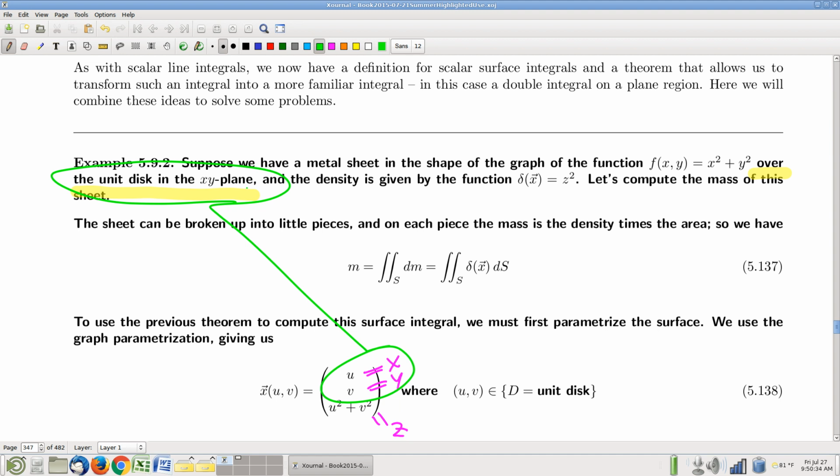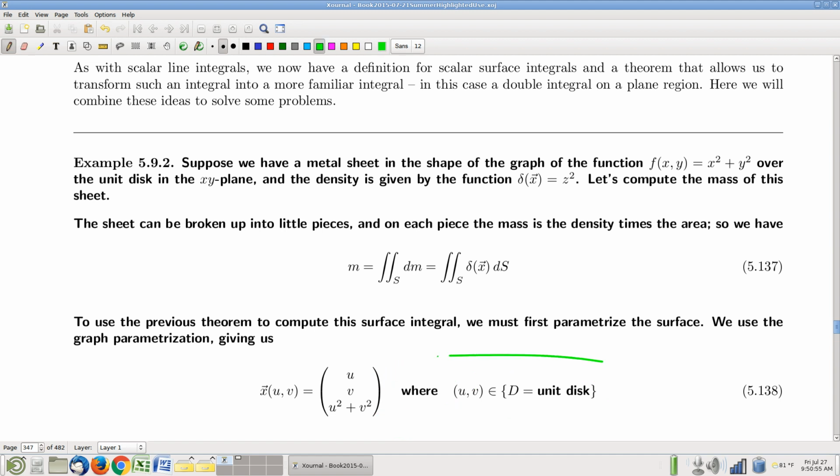That means that the domain here is the unit disk in the uv plane. Everybody see how that happened? One of the nice things about the graph parameterization is that it makes the domain pretty easy to write down. Okay. All right.